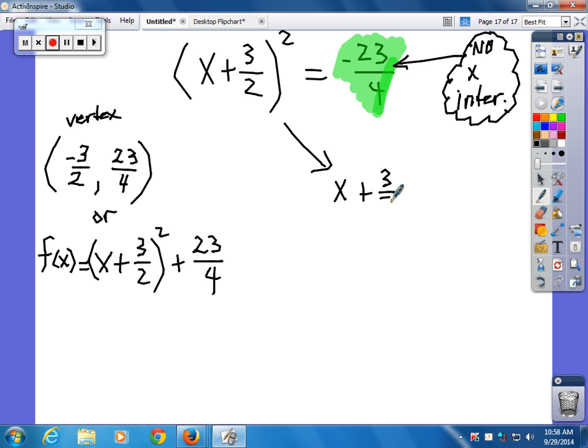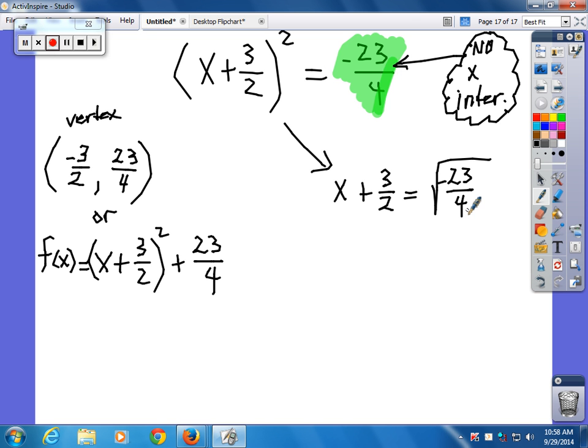x plus 3/2 is equal to the square root of negative 23/4. Now you cannot take the square root of a negative number, and we don't want to write it as the square root of negative 23/4 because that's just a pain. So we're going to use i.